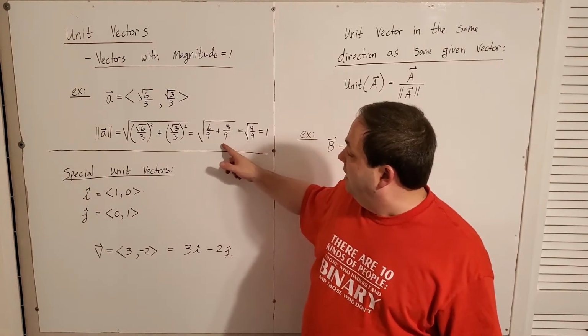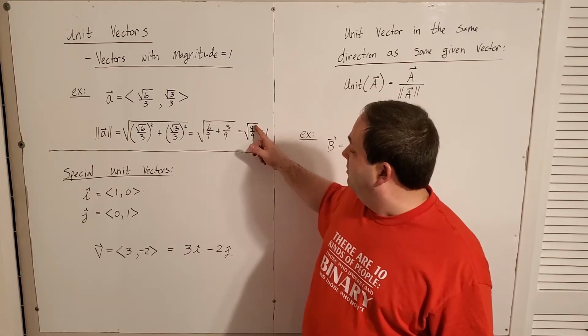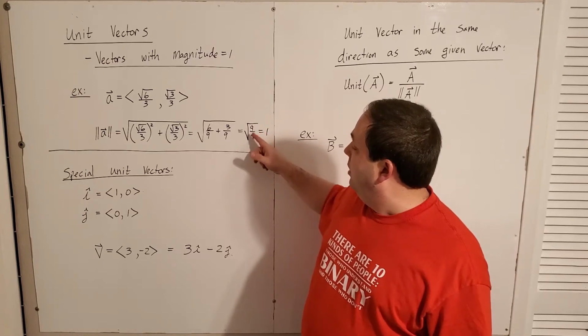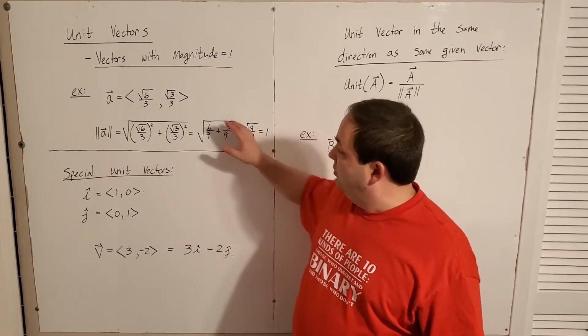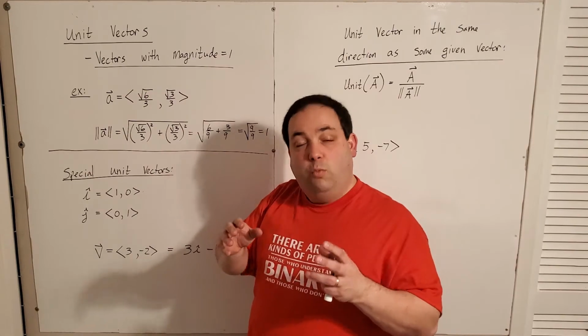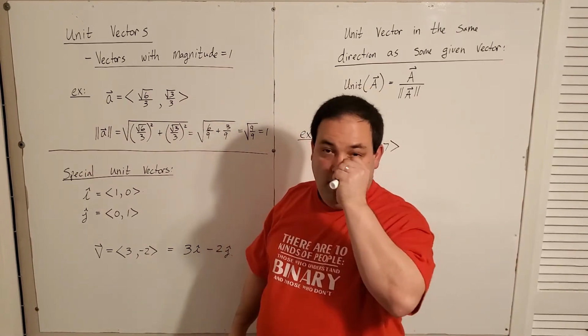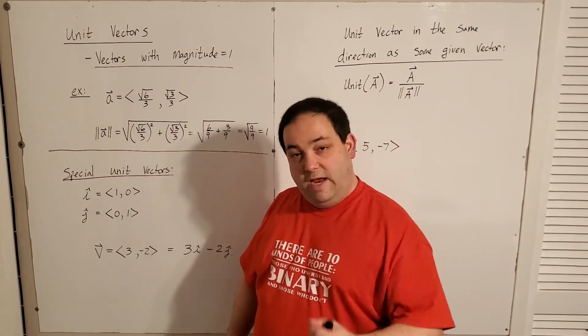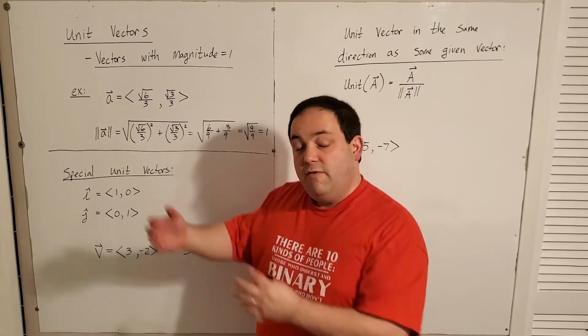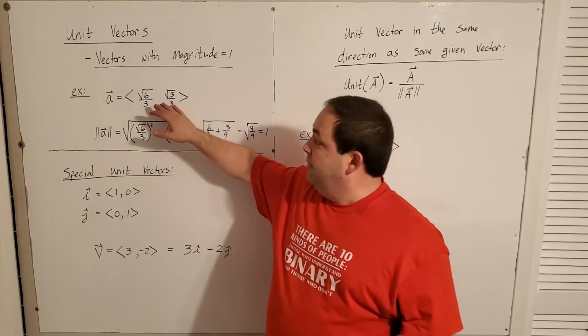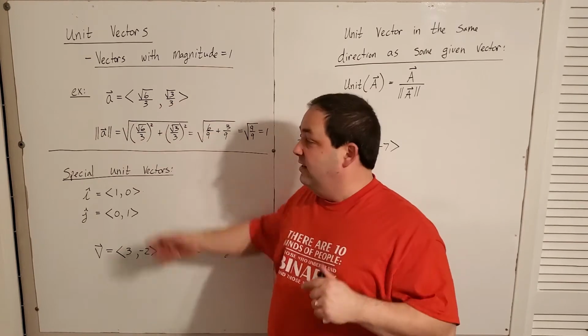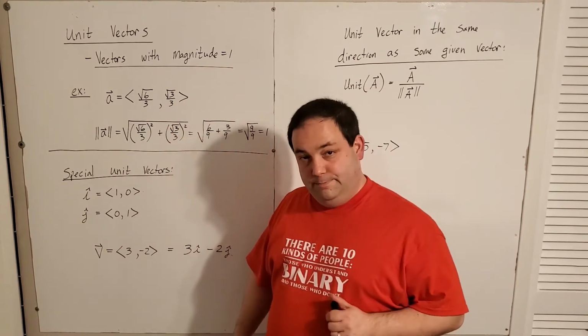Then they have a common denominator, so 6 plus 3 is 9. 9 over 9 is 1. Square root of 1 is 1. So this vector has an actual length of 1, a magnitude of 1. That makes it a unit vector. So whatever application we were dealing with, we would be more concerned with the direction that this little vector is pointing.